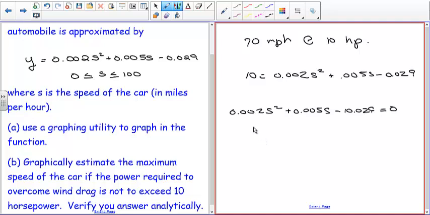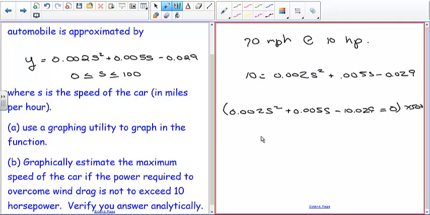Well, one way would be to multiply this by a common factor just to make it a little easier to deal with as far as the calculations are concerned. And I'm just looking for my calculator. Oh, here it is. So if I multiply by 500, let's just try that. 0.002 times 500 is 1. Okay, so we're going to multiply everything by 500.